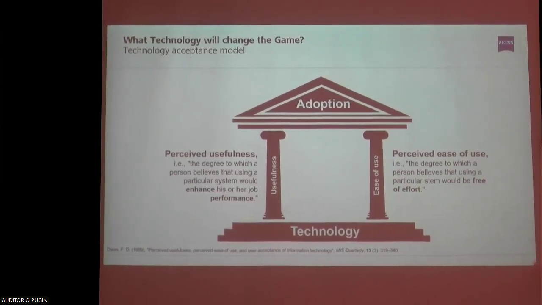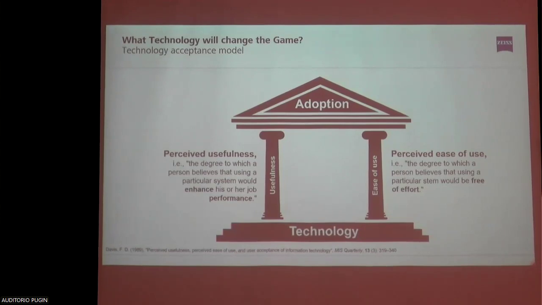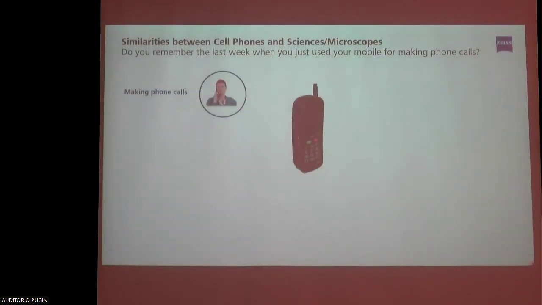To illustrate that these two columns are very important for technology adoption, let's translate this into something that everybody of us uses: a mobile phone, which is actually not anymore just a phone.